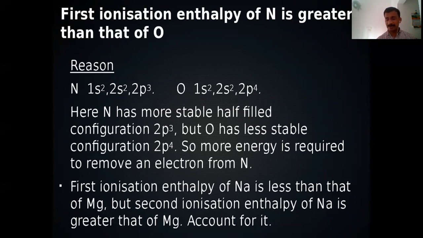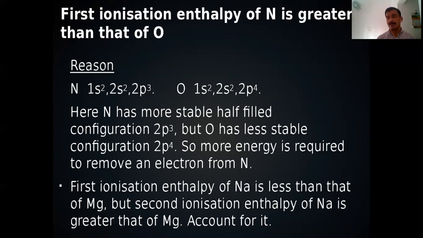But in the case of magnesium, 1s2, 2s2, 2p6, 3s2, that is a stable configuration. If you want to remove an electron from this 3s2, a large quantity of energy is required. So first ionization enthalpy of magnesium is greater than that of sodium. When we consider the second ionization enthalpy, instead of sodium, what do we have to consider? Na plus. Na plus, what is the configuration? Noble gas configuration, 1s2, 2s2, 2p6.